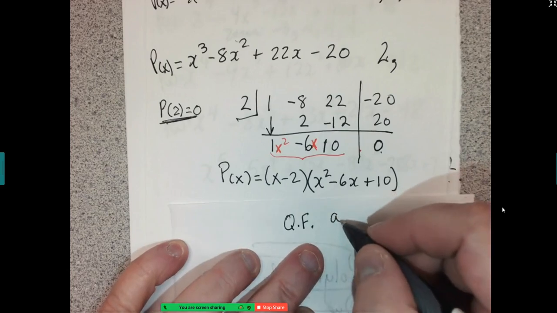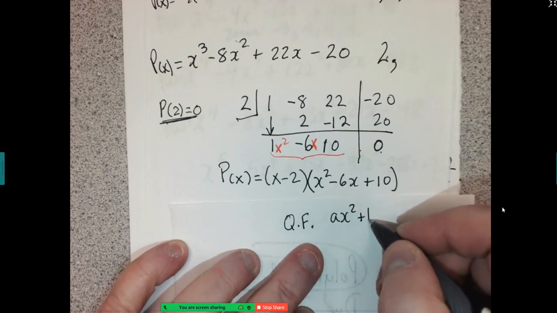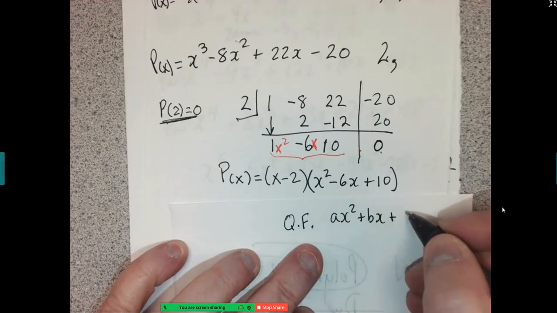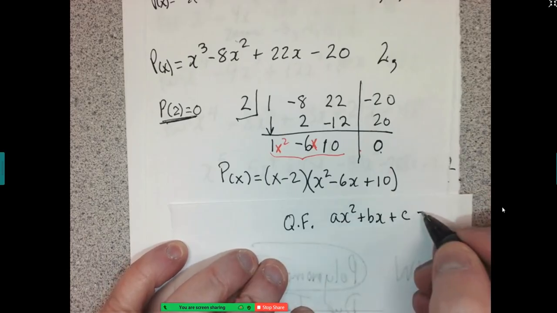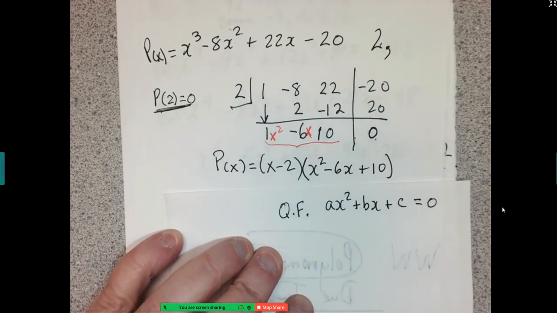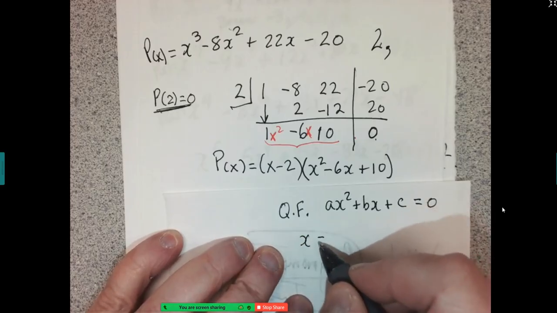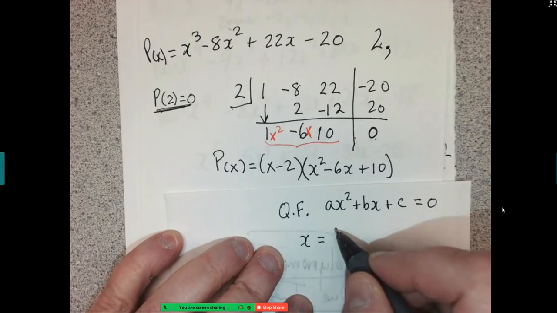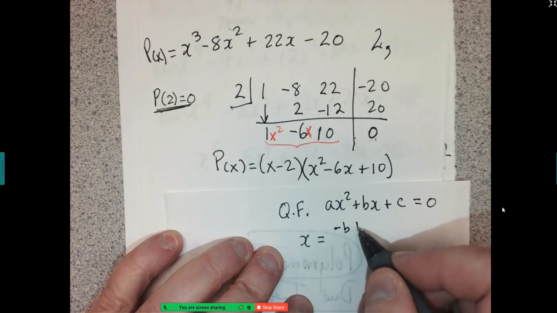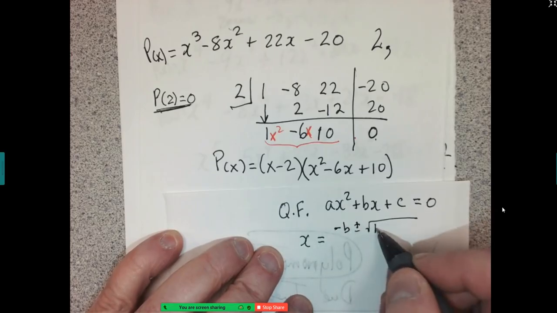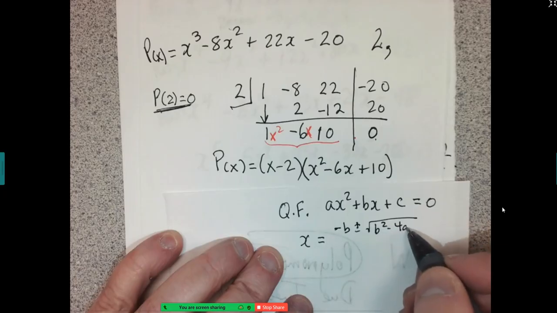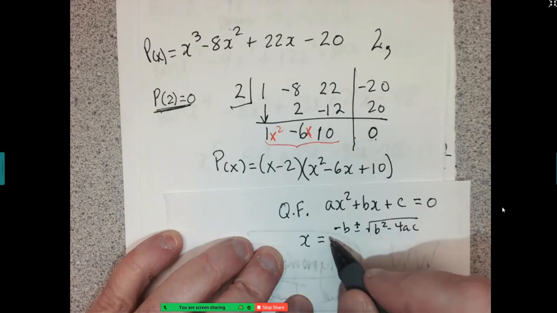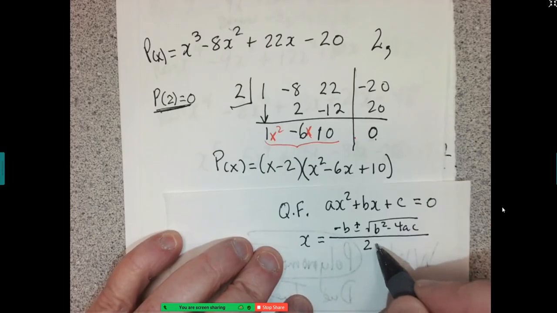So if I have this generalized form of a quadratic equation, and I want to solve that, in other words, find the zeros, then the solutions are going to be a fraction, negative b, plus or minus the square root of b squared minus 4ac, and this is really important, all over 2a.